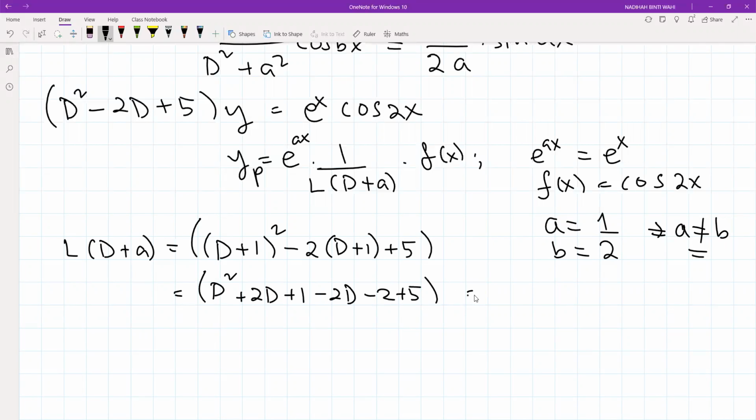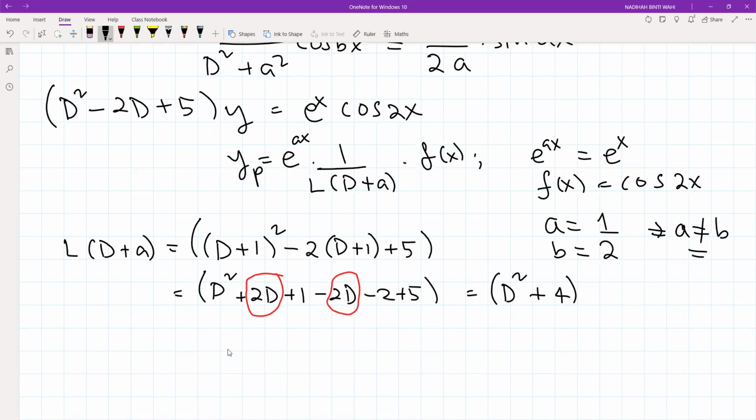So yang ni jadi apa? D dengan D boleh cancel. So this will be cancel out. Okay. Dan kita dapat D kuasa 2 plus 4. Okay, thank you. D kuasa 2 tambah 4.